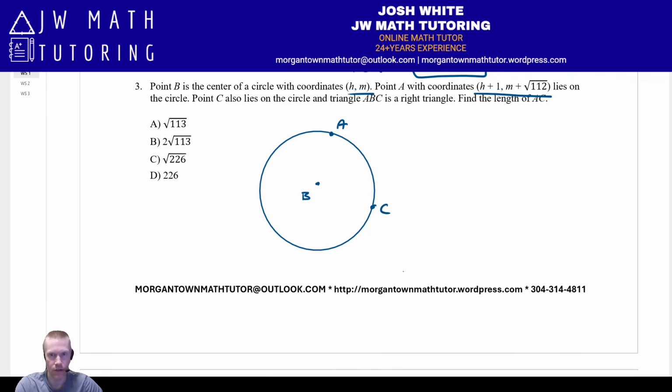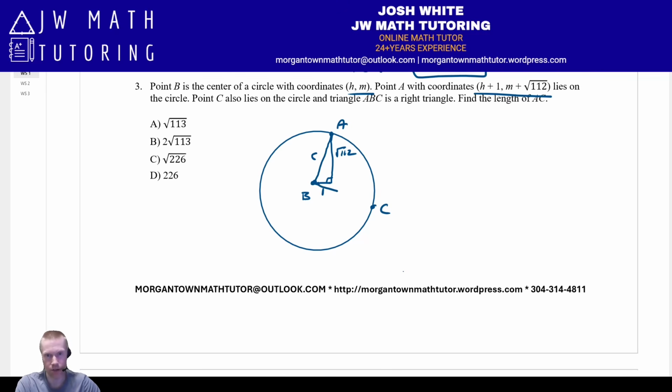That means to get to point A, you go to the right one, and then you go up square root of 112. So think about moving according to the slope of a line. You go right one, up root 112, and then if I draw the line segment connecting them right here, this is actually going to be the radius of the circle.